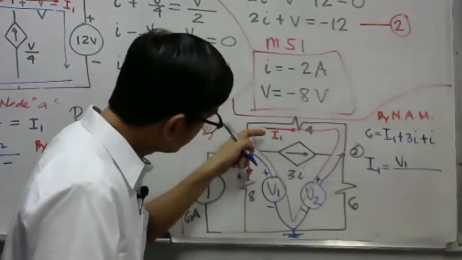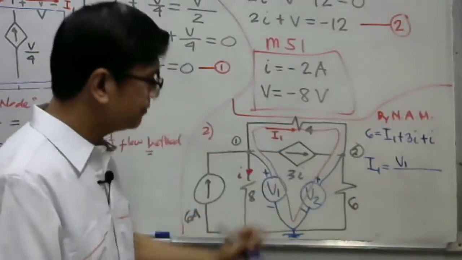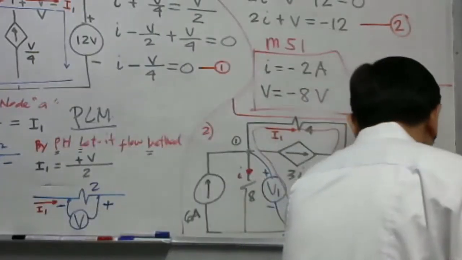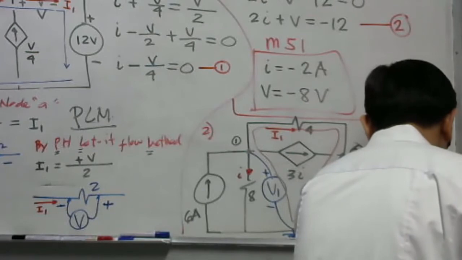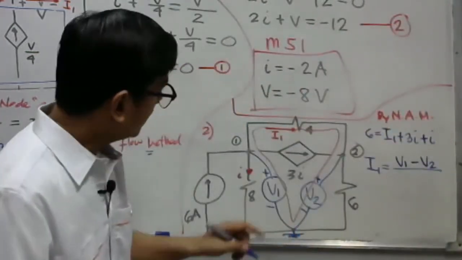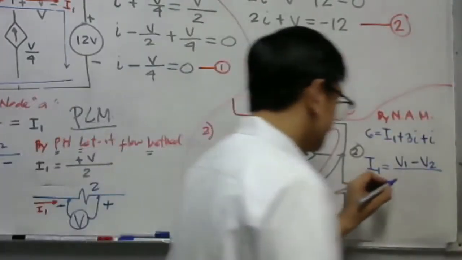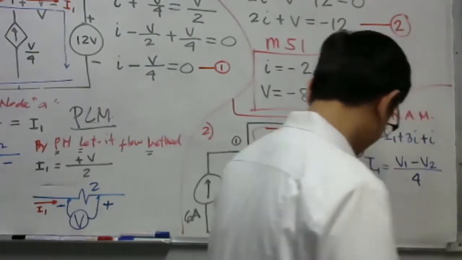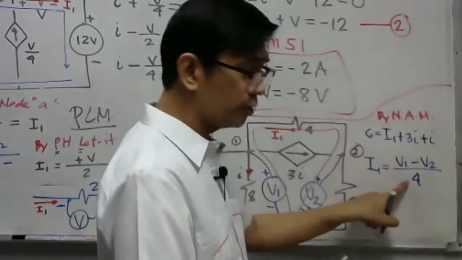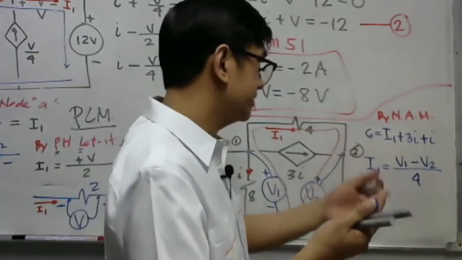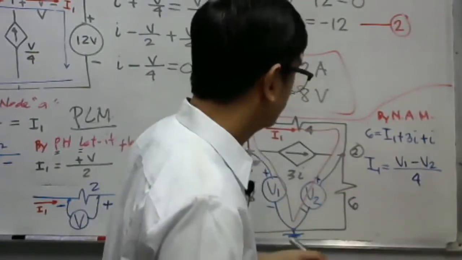Then this I sub 1 leaves on the negative terminal of B sub 2, so that should be minus B sub 2. And then the resistance is simply 4 ohms. The current is the voltage over the resistance, just a simple Ohm's law.